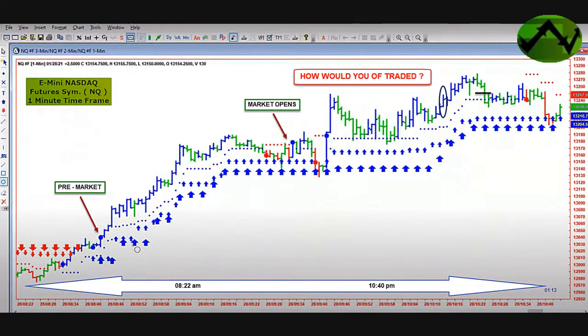Okay, on this right here, this says pre-market. Personally, I'd be up and ready to go probably by 9 o'clock. Because most traders know the best time to trade the market is the 9:30 open, which is right here, where it says market opens.